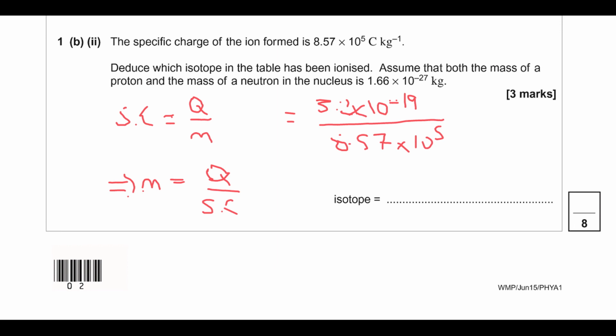Let's divide that by the mass of one nucleon, 1.66 times 10 to the minus 27. And that gives us 225 as the isotope there, so it was radium-225. Okay, so that finishes off that first question there.